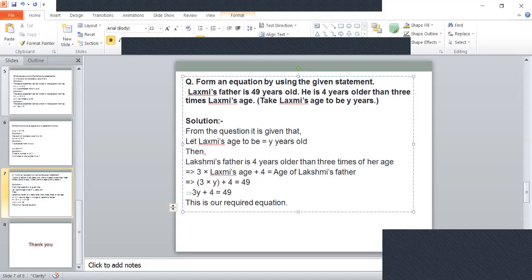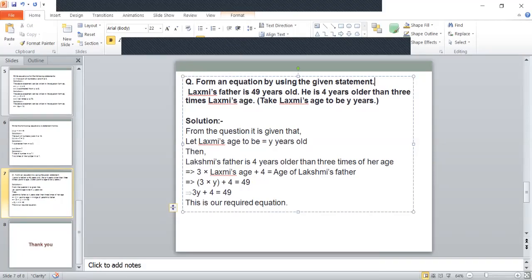It is given that we take Lakshmi's age to be y years. So here I have taken Lakshmi's age as y years old. Then it is said to form an equation. Lakshmi's father is 49 years old.